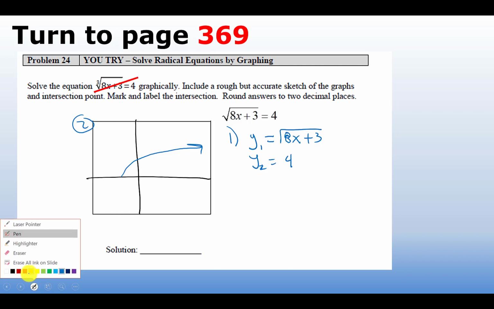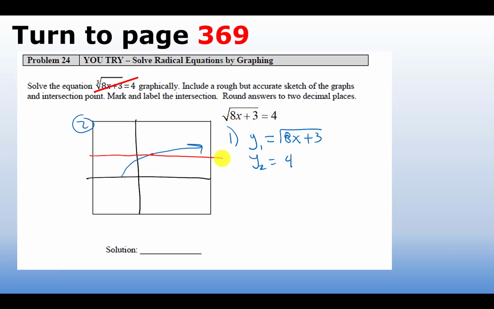You don't have to use colors if you don't want, but I have them, so I'm going to use them. And we want to identify that intersection point right here, which was 1.625, 4. All right. And maybe you could add the window. That would be helpful too, so I know what window you're looking at.